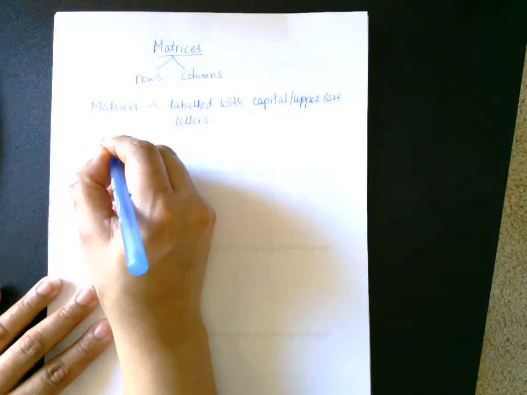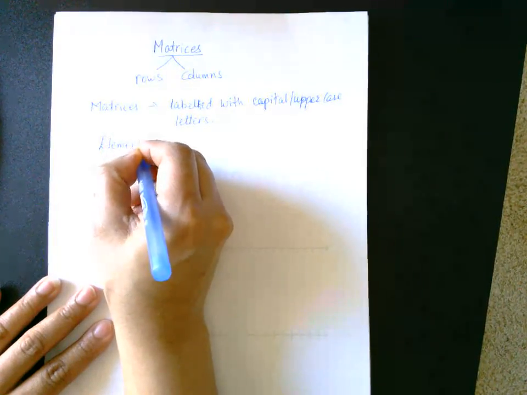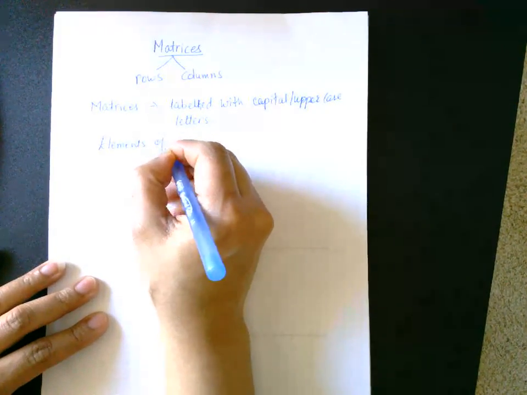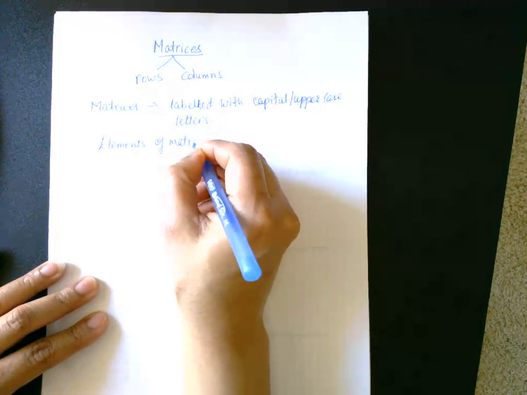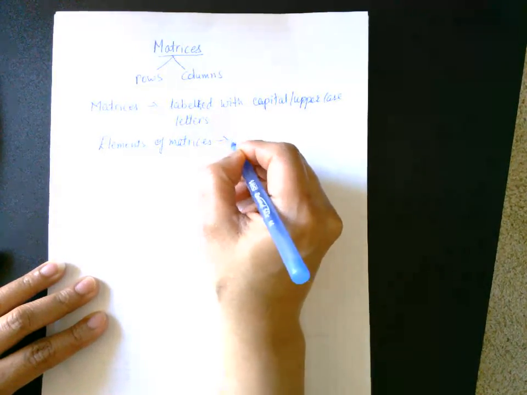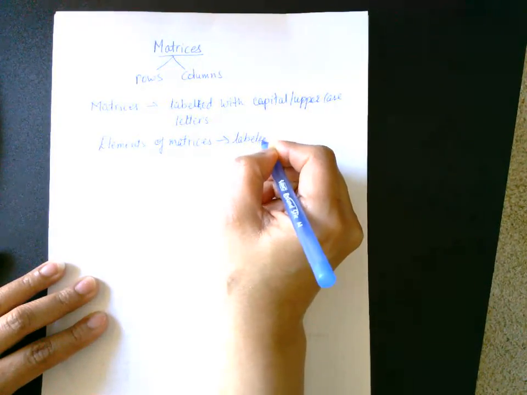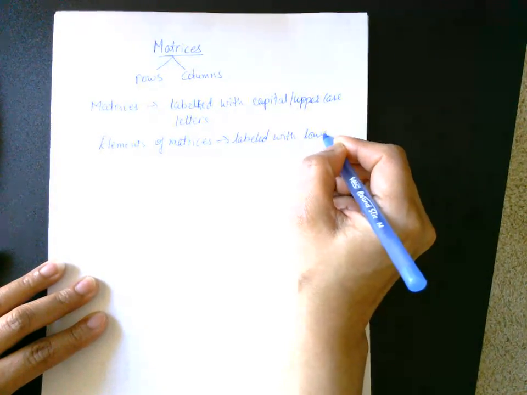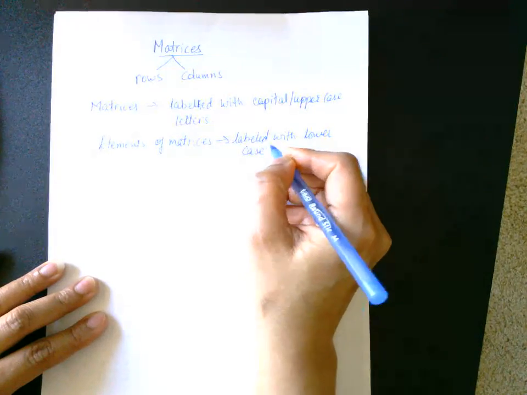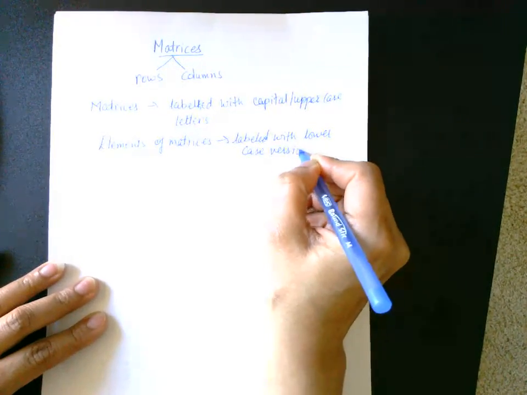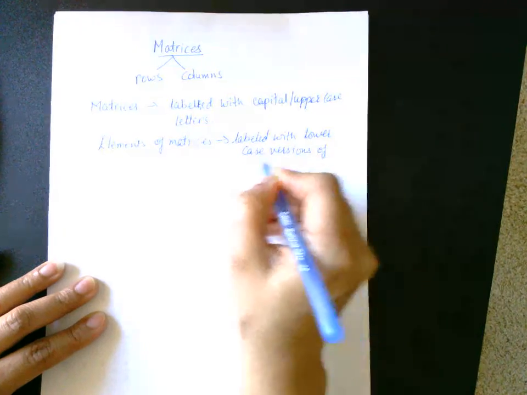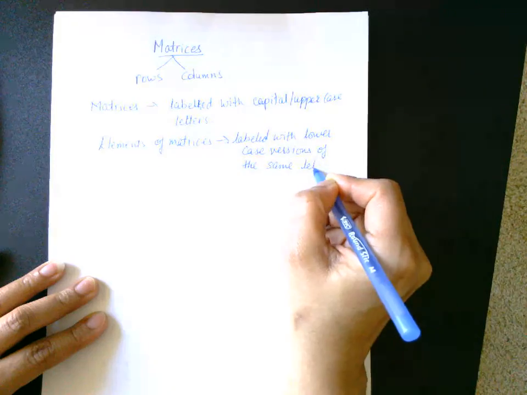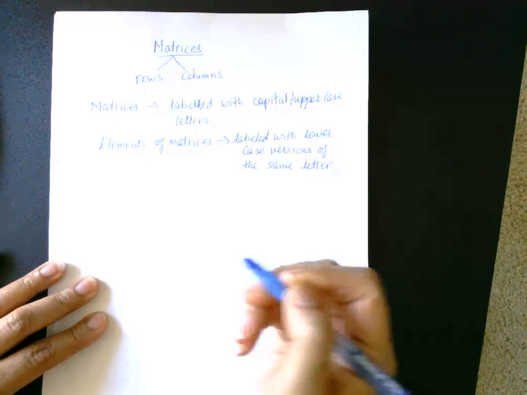And elements of matrices, that means the content, what is going on inside the matrices, are labeled lowercase. What does that mean? Lowercase version of the same letter.